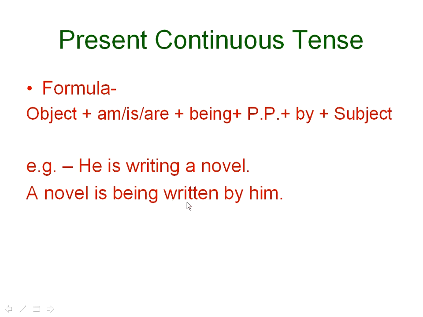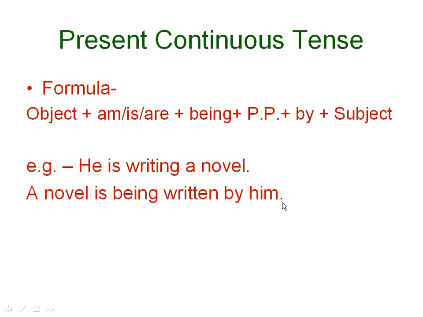Students, again we notice that here he is the subject of this sentence, means he is a pronoun. For changing the voice, we use the second form of the pronoun after the preposition by, at the place of the object.